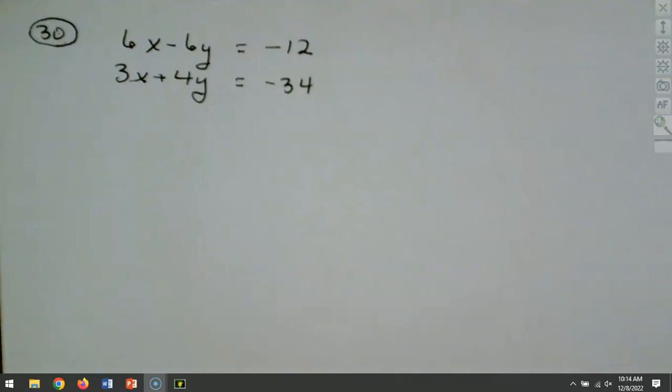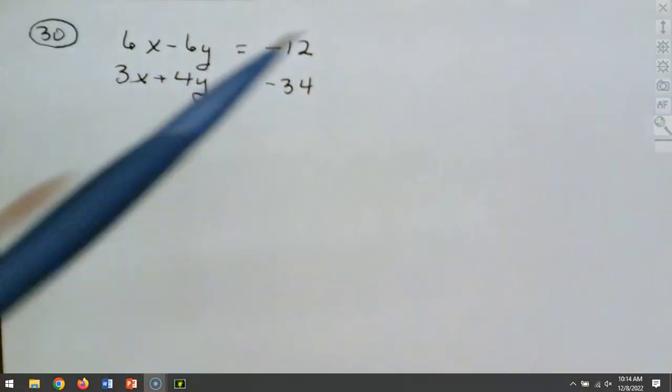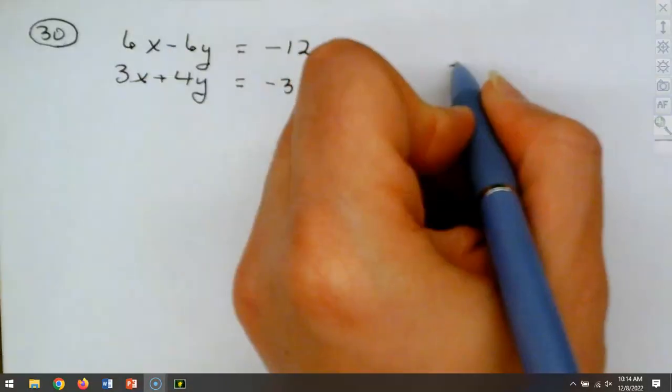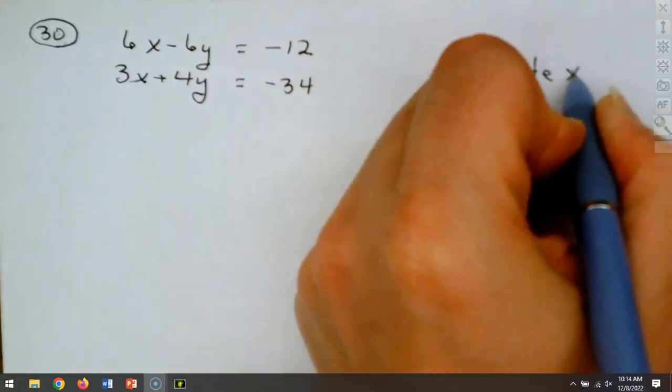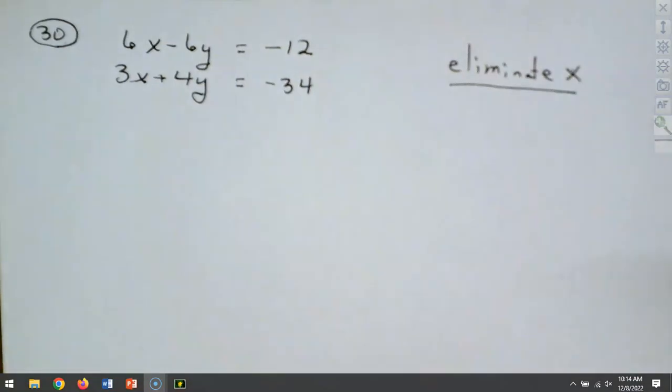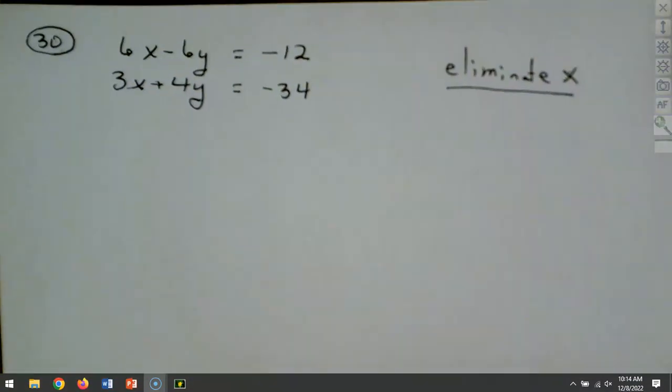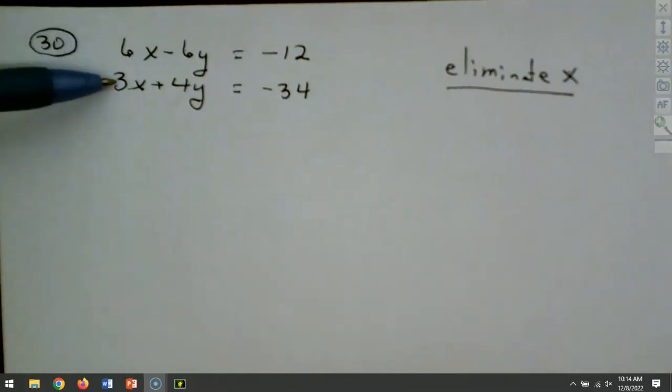I'll do one step and I'll get one part of this. You're going to have to get the other part. So we need to eliminate one of these variables. And I would say eliminate the x. Why would you eliminate the x and not the y? Well, when I look here, I've got a 6 and a 3.